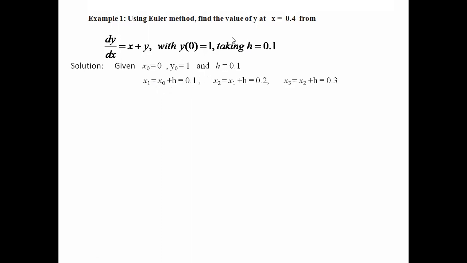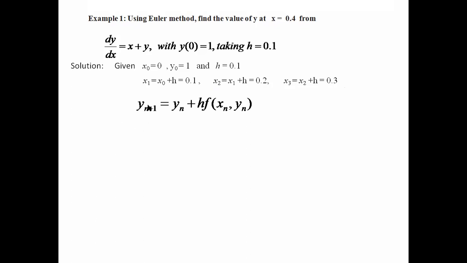At this point, first get the solution. Then at x2, for x1 add 0.1, so 0.1 plus 0.1 is 0.2, again 0.2 plus 0.1 is 0.3. Like that you can get the solution up to 0.4. Or I shall restrict this one to 0.3 only, because I have done this problem up to 0.3. Instead of 0.4, I shall make it x is equal to 0.3.